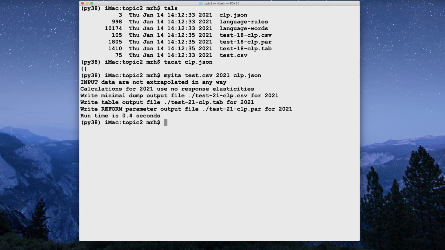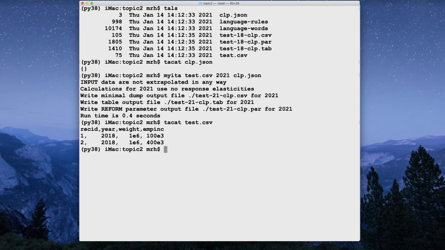Okay, so let's review what happened here. We press the Enter key, and the first thing the model says is the input data are not extrapolated in any way. So what do they mean by that? Well, let's look at the test data.